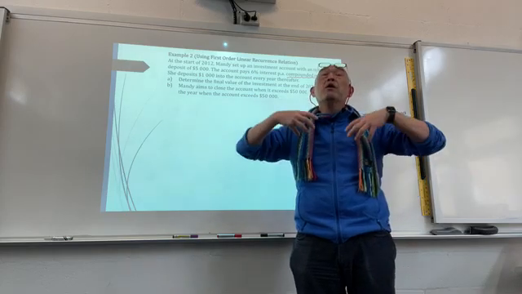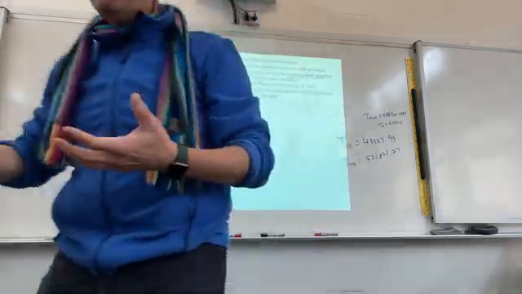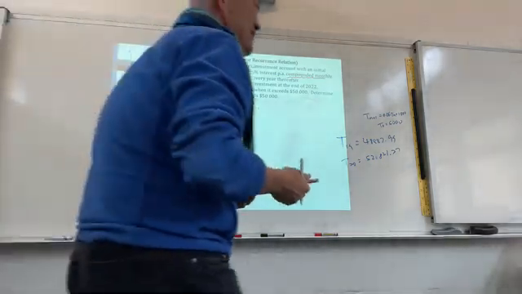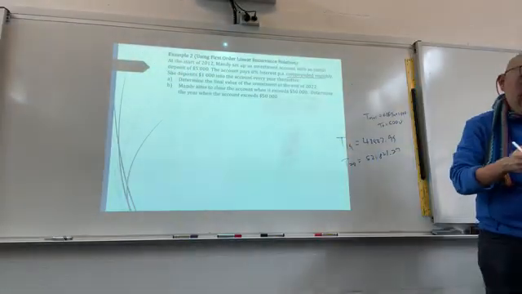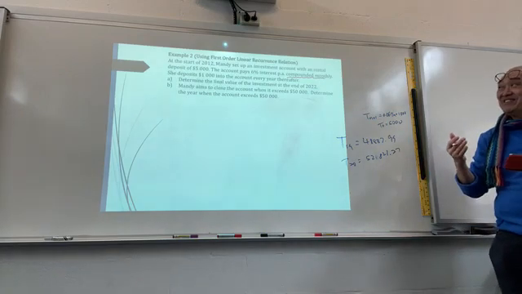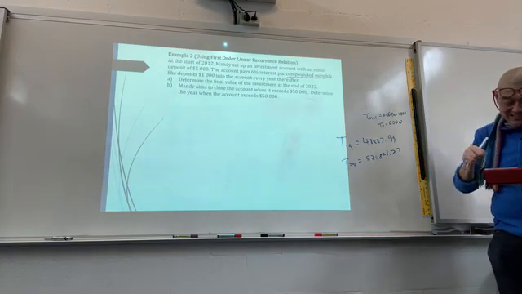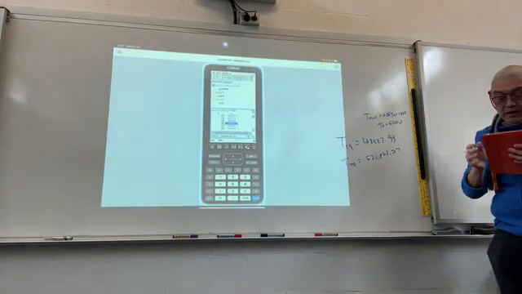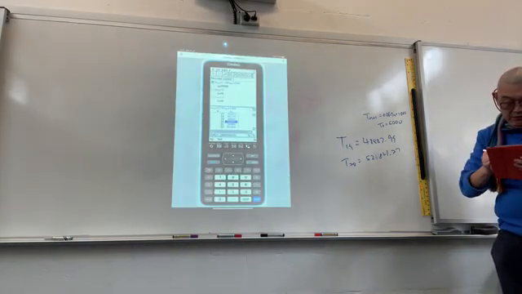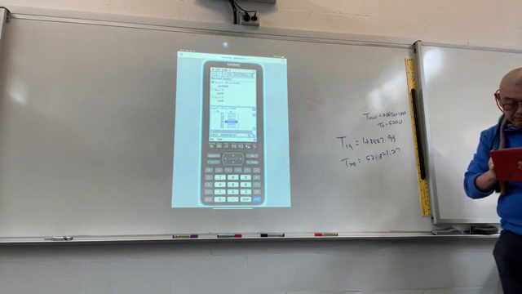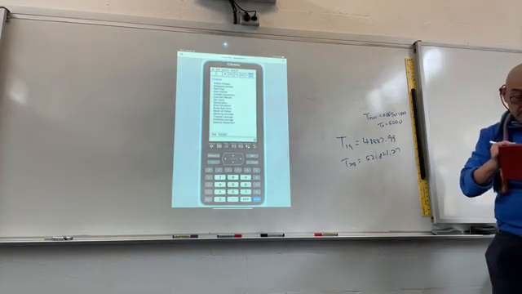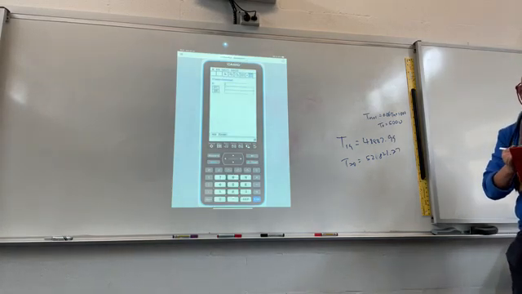Alright? So now I've shown you how to calculate the effective interest rate. I would like all of you to try it. You can either use the formula or your ClassPad. If you use ClassPad, go to menu, financial, interest conversion.